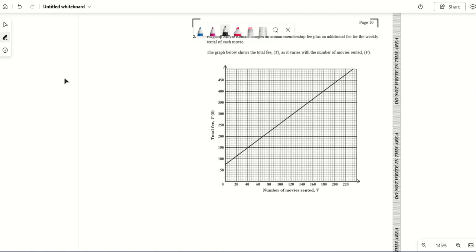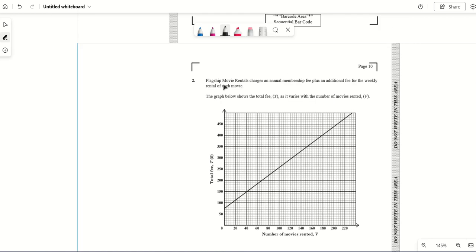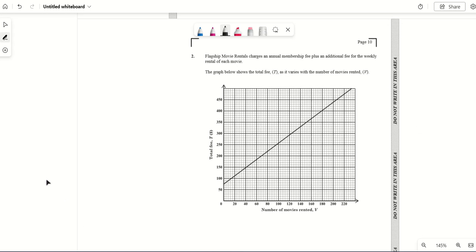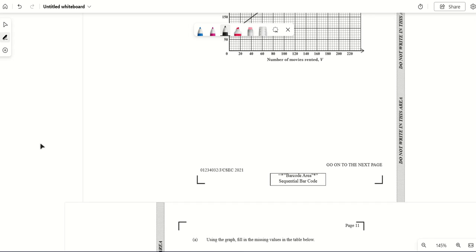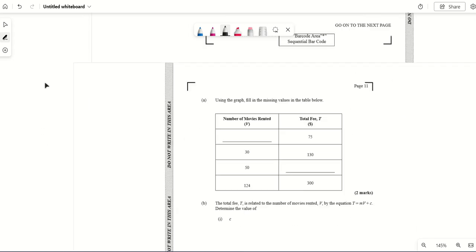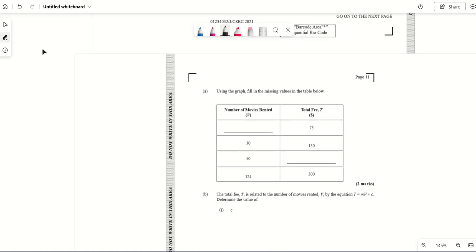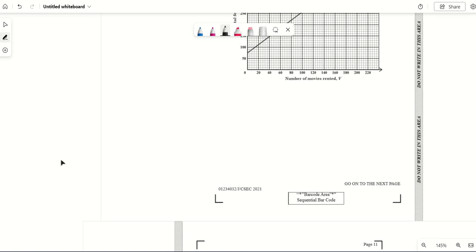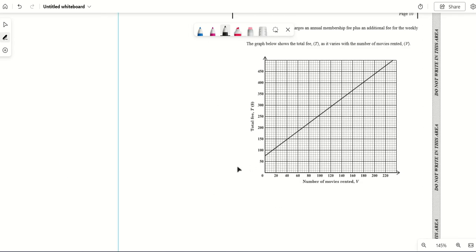Number 2: Flagship movie rentals charge an annual membership fee plus an additional fee for the weekly rental for each movie. The graph below shows the total fee as it varies with the number of movies rented. So they want, using the graph, to fill in the missing values of the table. So if your total fee is 75, we want to know how many spaces would be 75.